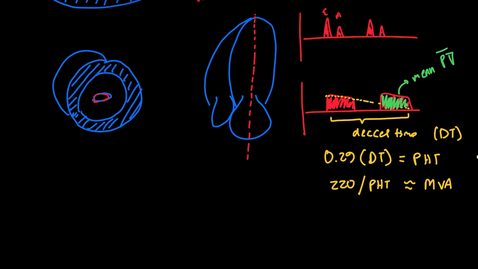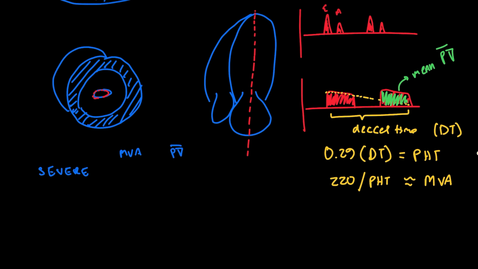And so what would be severe? Well, severe would correspond to a certain mitral valve area, a certain mean pressure gradient, and a certain pressure half time.